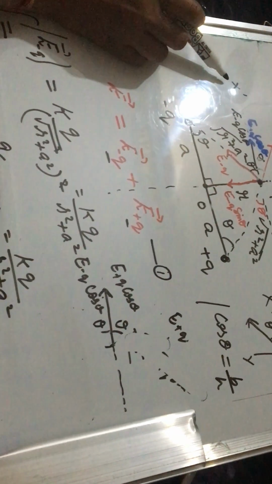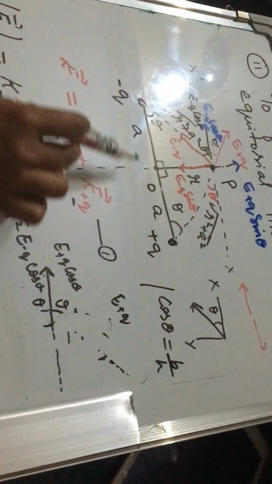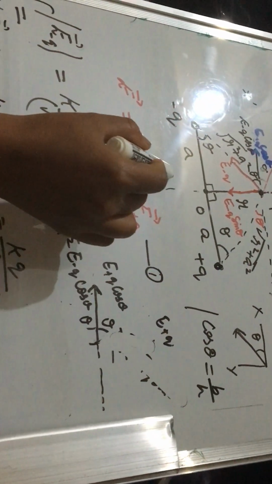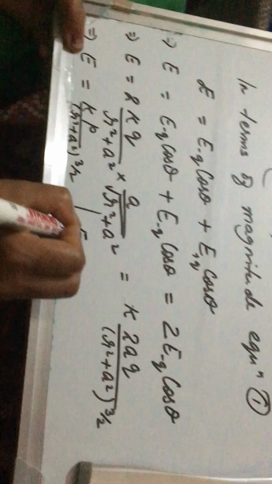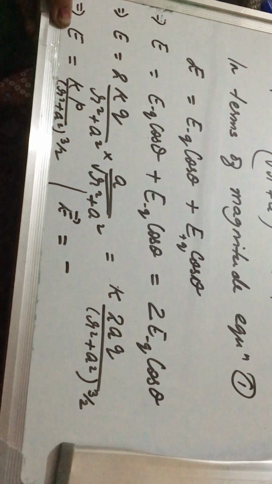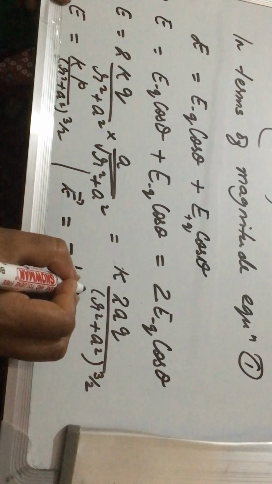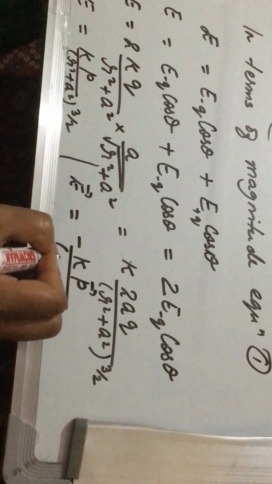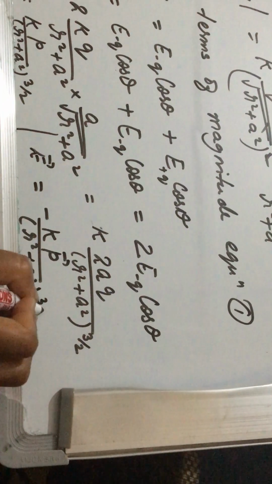The direction of electric field is along the x-axis, right? And what is the direction of the dipole? The dipole is from negative to positive, right? Then in terms of vector, electric field is equal to minus K P by r square plus a square to the power 3 by 2.